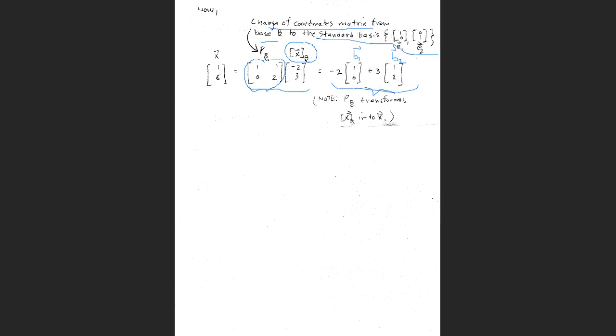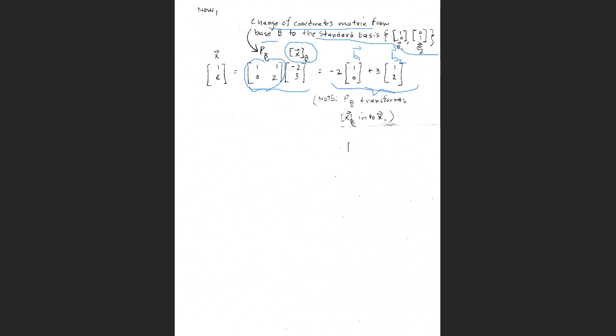The script B means a set. The book traditionally uses a script B, though theirs looks a little different than mine, but it's just to denote a set.